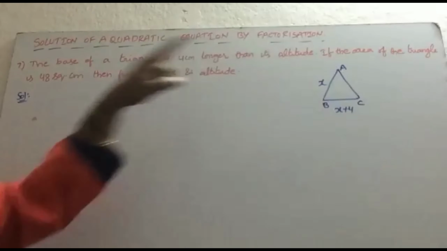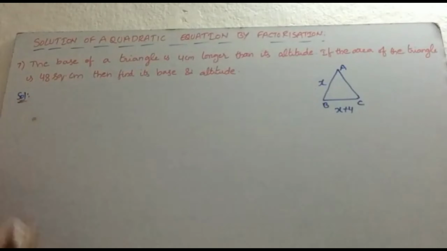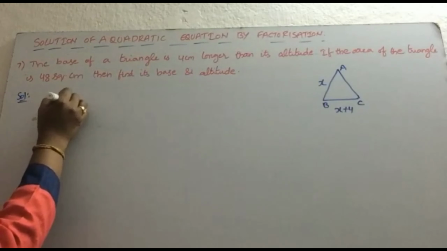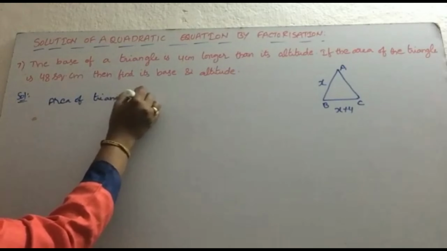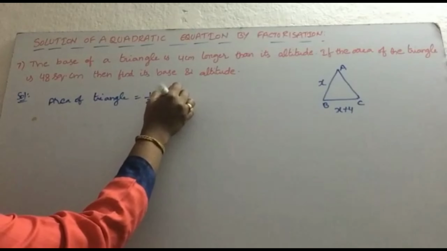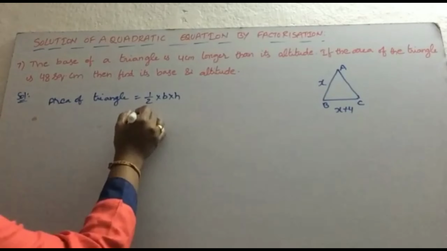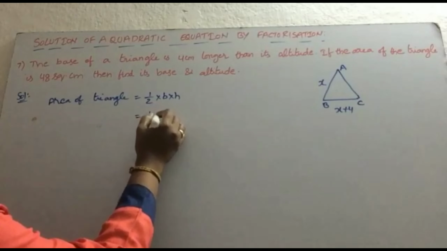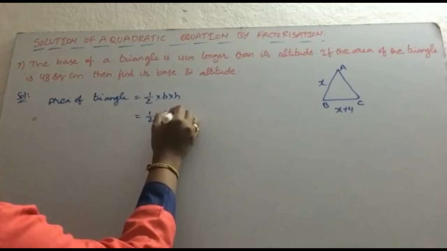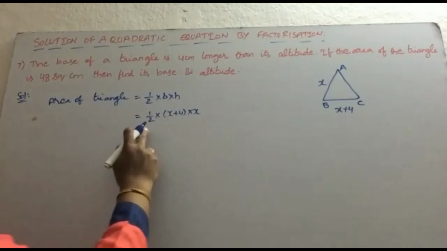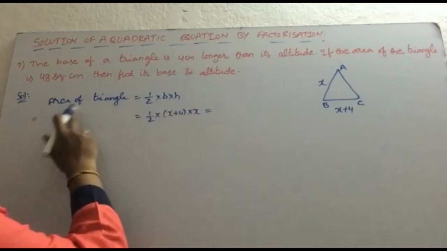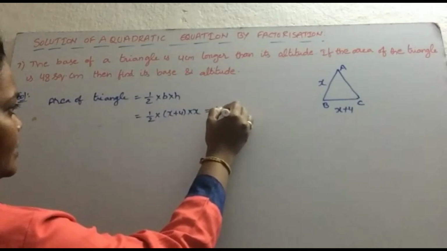They gave the area of the triangle as 48 square centimeters. The area of a triangle is equal to half into base into height. That means half into (x plus 4) into x equal to 48.